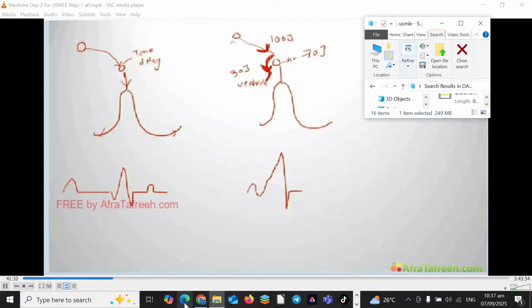Now, what we are trying to say is, of the 100 joules, 30 joules would go down the accessory pathway and 70 joules will go down the main path. What happens because of this? This 30 reaches early.